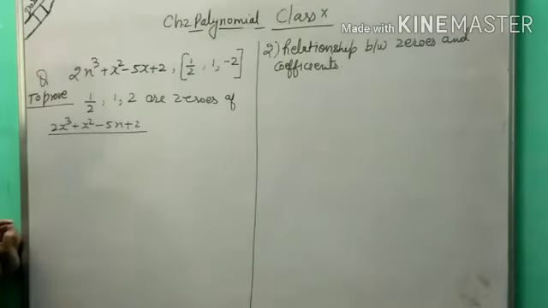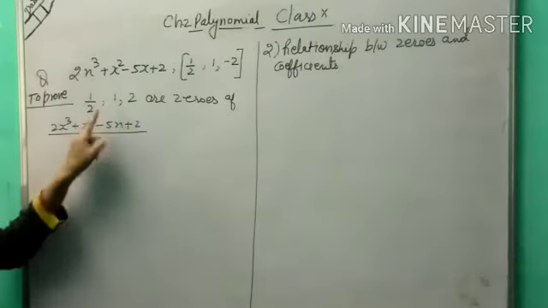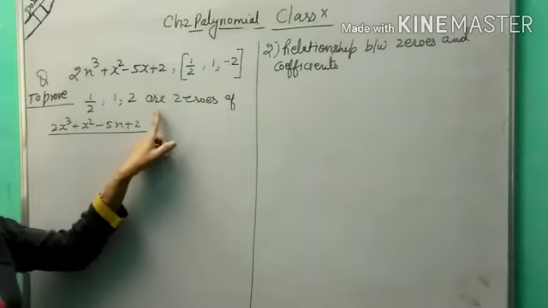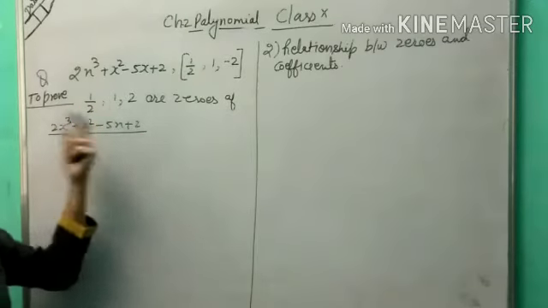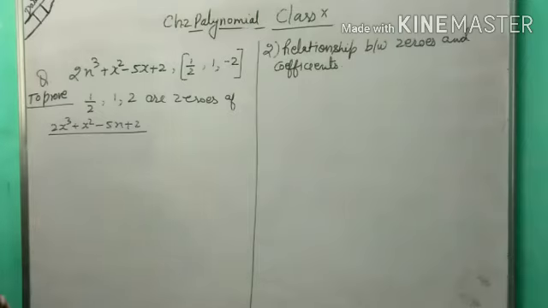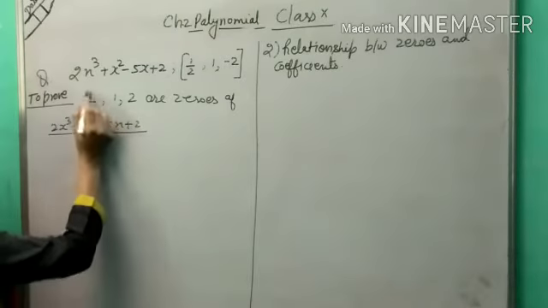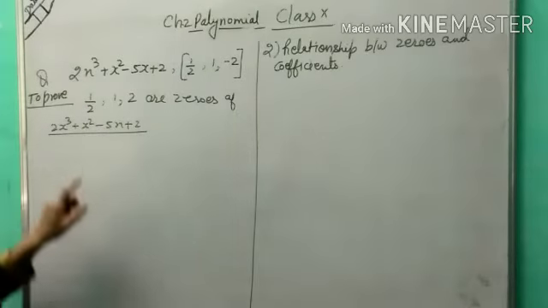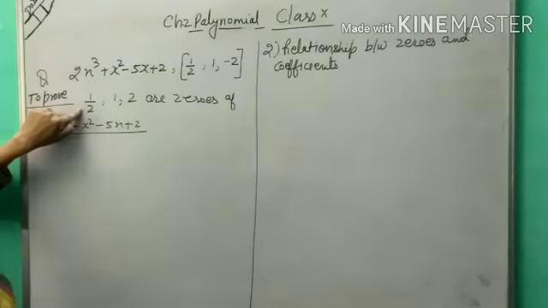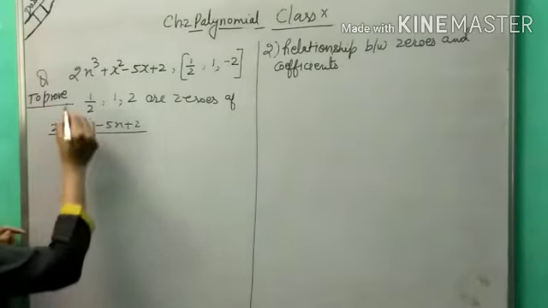So first of all we will prove that these 3 values are the zeros of this polynomial. So we will take 1 upon 2. For finding whether these values are zeros of the polynomial, we will put these values.